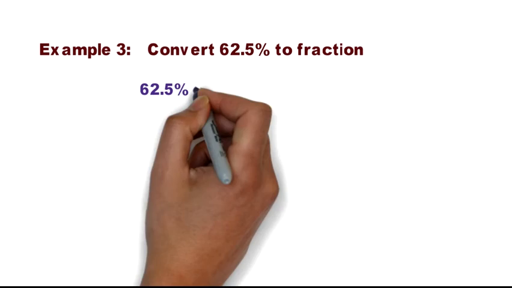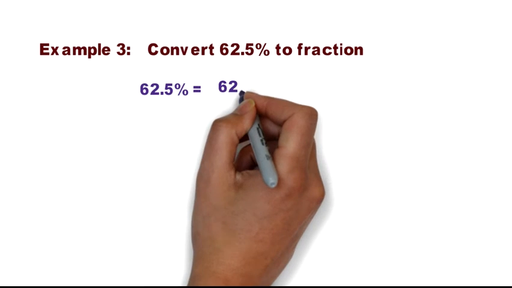This will change it to a fraction. Then, we will reduce the fraction to its lowest term. So, to solve this question, 62.5% is equal to 62.5 divided by 100.